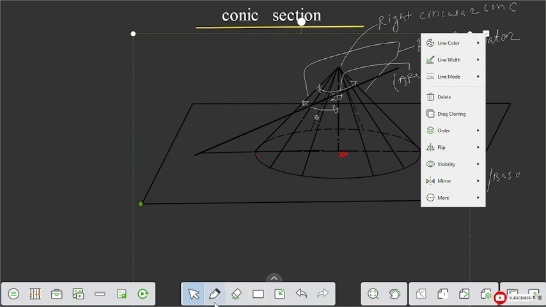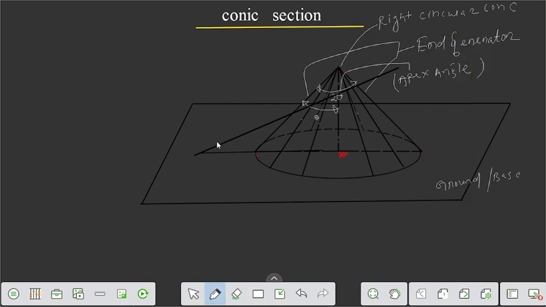This is our cutting plane, the cutting line. In this view we can see only a line, but in the 3D view you can see the whole plane. This line cuts our cone at some angle, and these are the terminologies you have to follow.